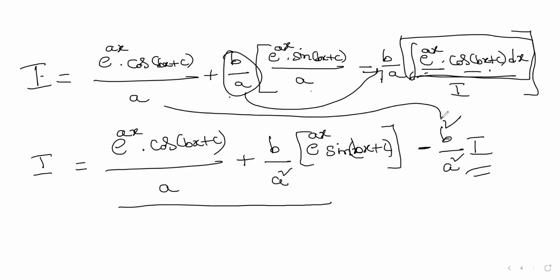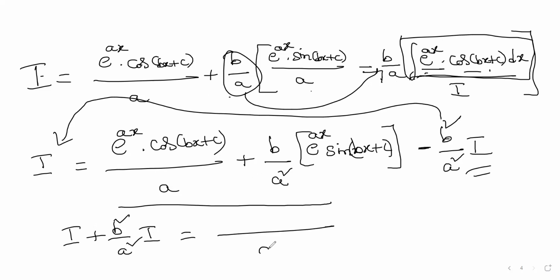And now this you transport to the other side. Now this becomes I plus b square by a square multiplied by I. And now you have to take the LCM on this side. That is, the LCM is a square over there. And now let us see what you got. So here, I want to make it a square, so I multiply with a over here.